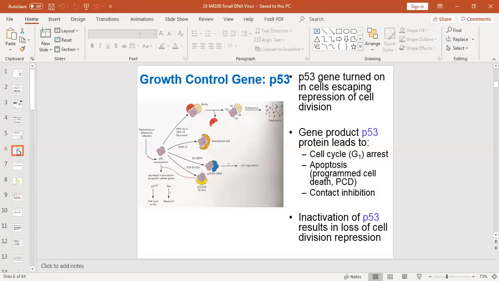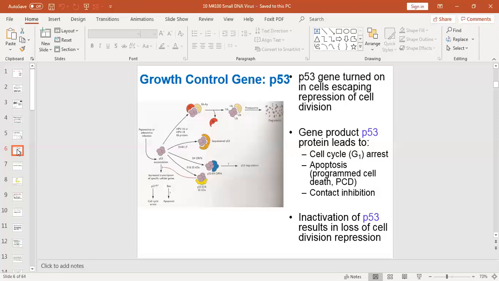The figure on the left side of this slide shows the different mechanisms by which viral gene products inactivate P53, resulting either in its degradation or loss of function.